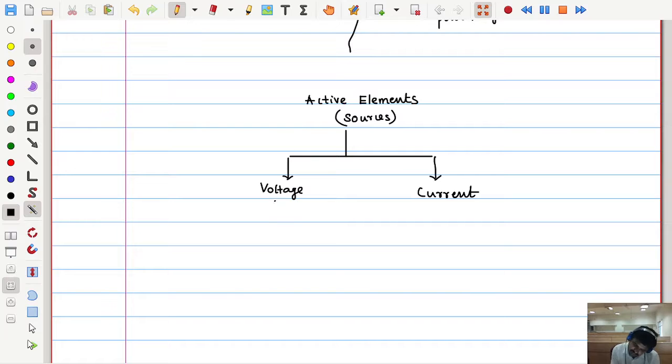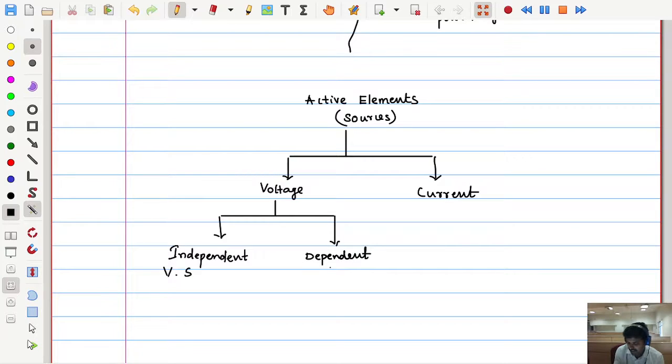Again we have further classifications: this voltage source may be an independent voltage source, Vs, let me write in short form Vs, or a dependent voltage source. Independent voltage source, dependent voltage source.